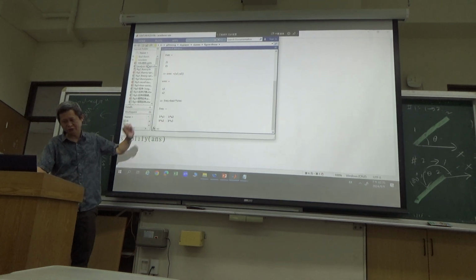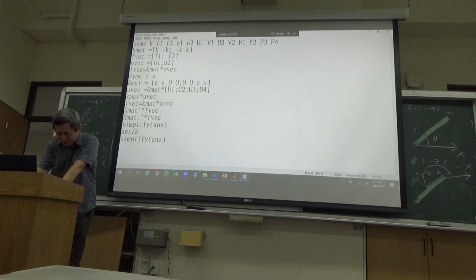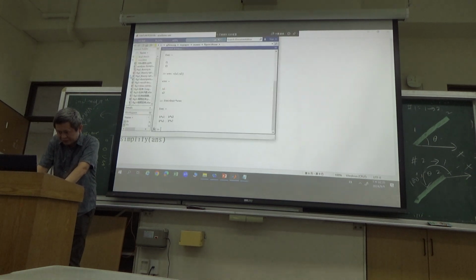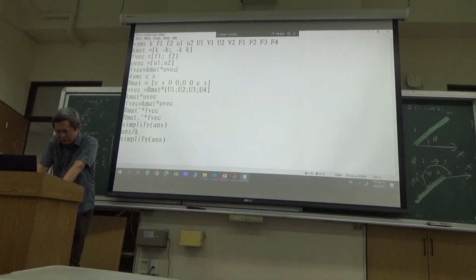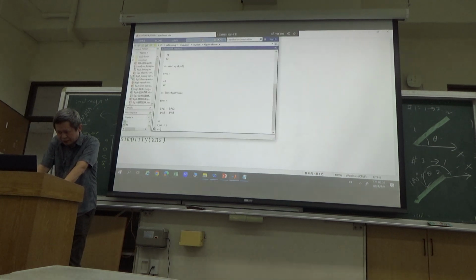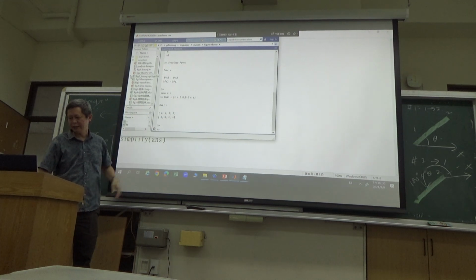This is just a normal operation. And then next, we define the rotational matrix. We define the symbol C for cosine, S for sine, and the rotational matrix is these expressions: C, S, 0, 0.